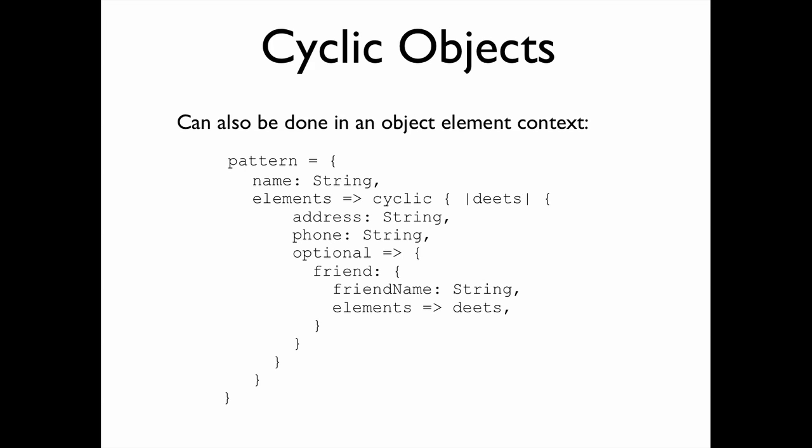Where this says elements, that should say members, actually. But here we're using deets. We're binding deets as the top level of our cycle, and then we're using it in multiple places.